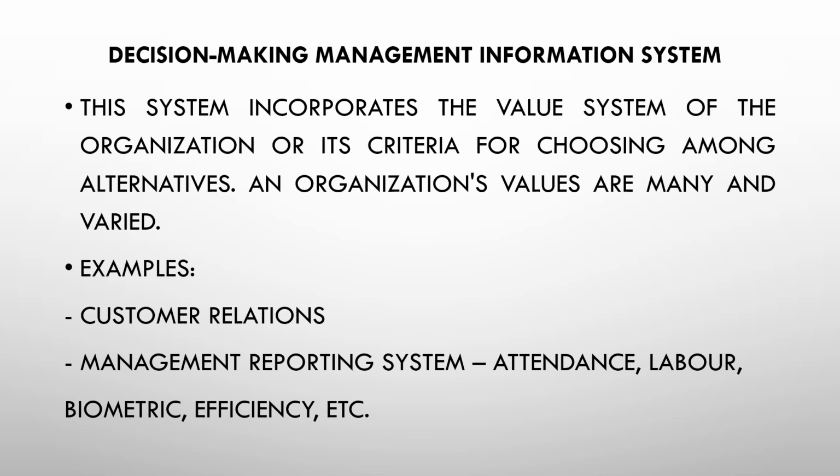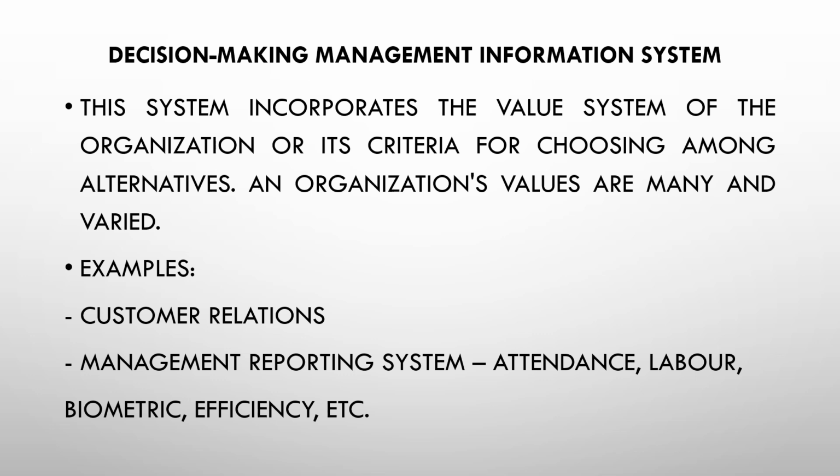You make decisions based on the interaction you have with your customers or clients. You also have the management reporting system. The management reporting system is also an MIS that decides on what to do because it has been automated.